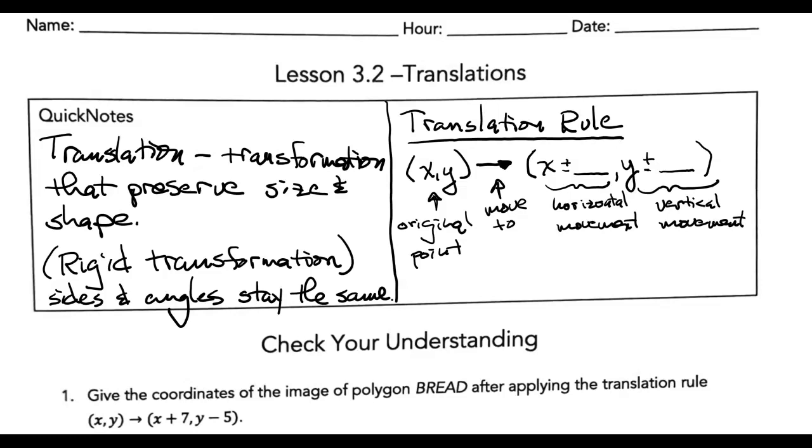So it looks kind of complicated in this form, but once we start doing some examples, you'll see it's really not that hard. And then keep in mind, this is important too, when we apply this rule to a figure, every point moves the same distance. Okay, so they're all going to move left to right the same, and they're all going to move up down the same based on the rule that they give us.